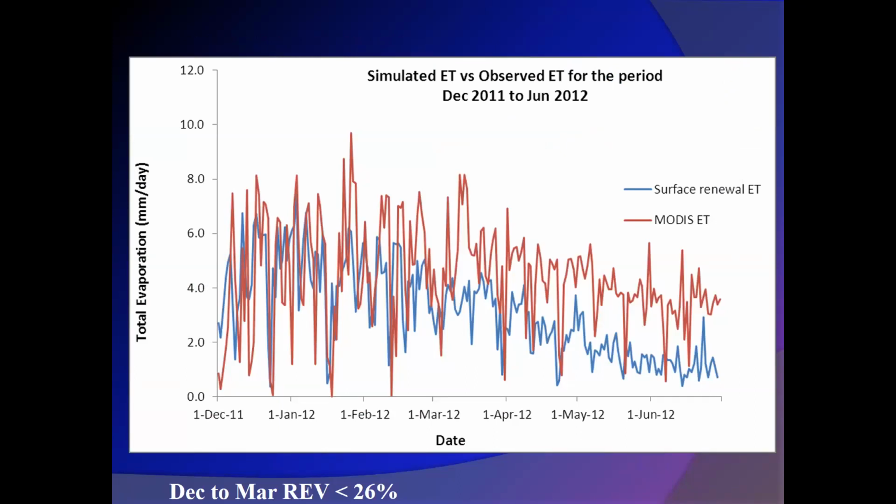This is just another example of a comparison between surface renewal, which is an actual in-situ measurement system, and MODIS ET. You can see that even though there are discrepancies, where one is overestimating compared to the observed data set here, there are many instances where the data is showing the exact same trends, where decreases are seen in both the observed and the simulated values.